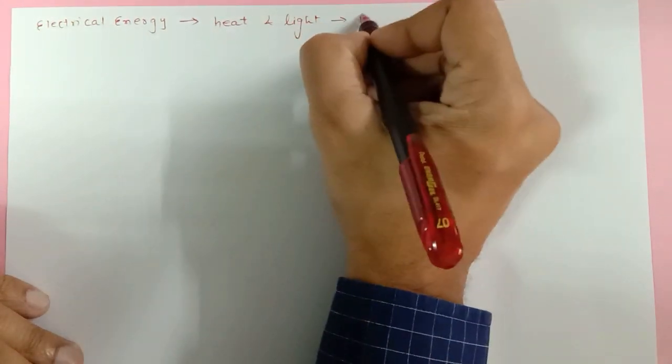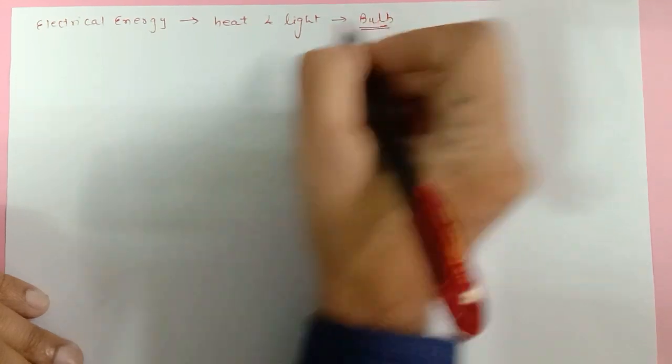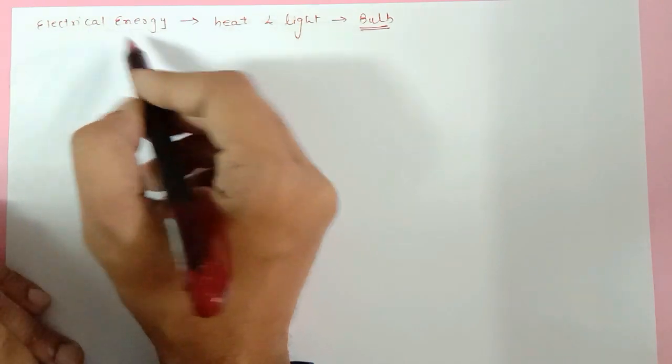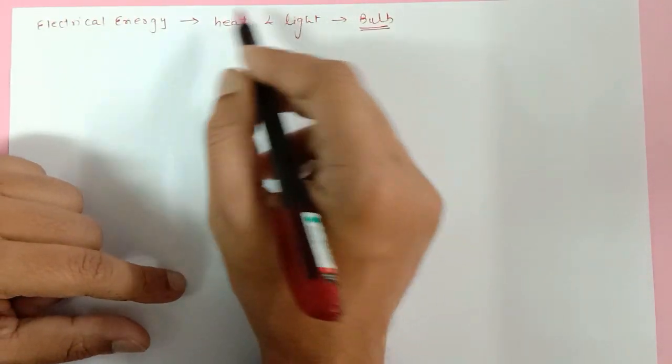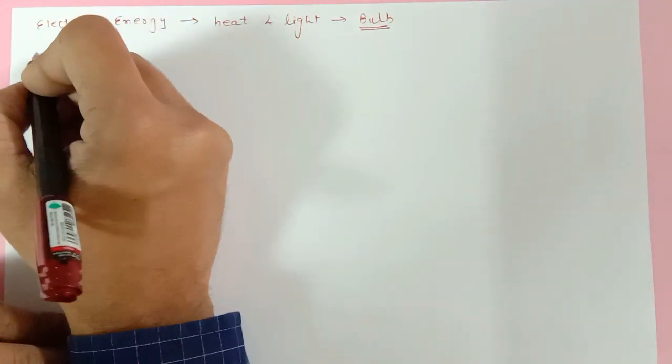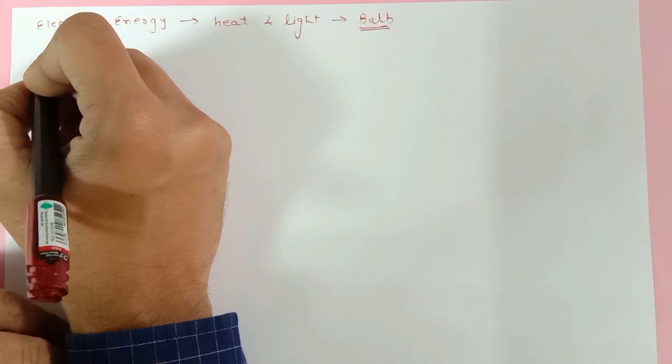So people, this is an example of a typical bulb. In a bulb, the moment you switch on, it draws the electricity. So the electrical energy finally gets converted into light energy, but there is also a wastage of energy in the form of heat, right? Then let's take the example of chemical to electrical.